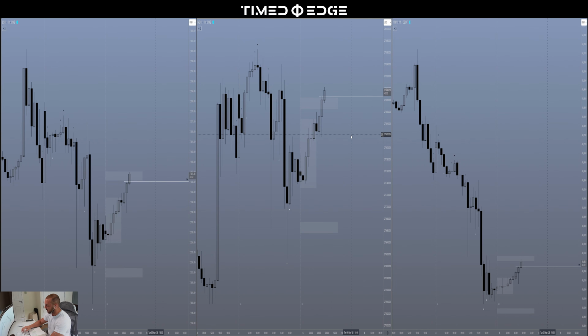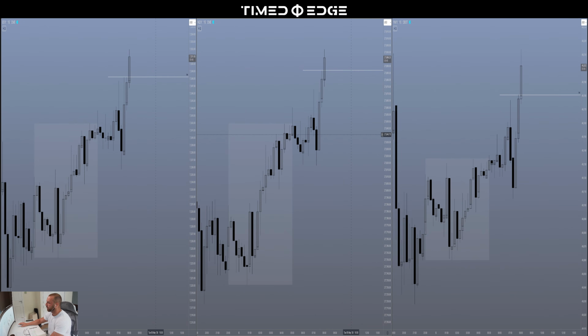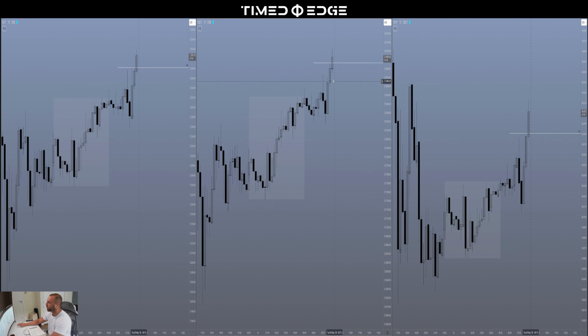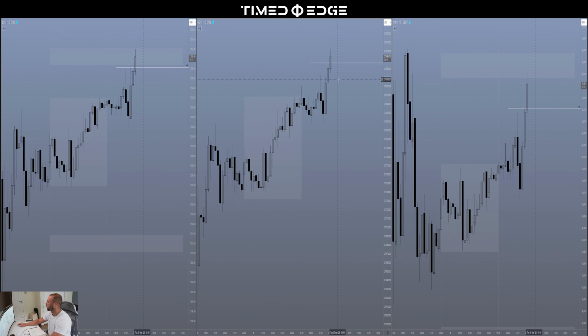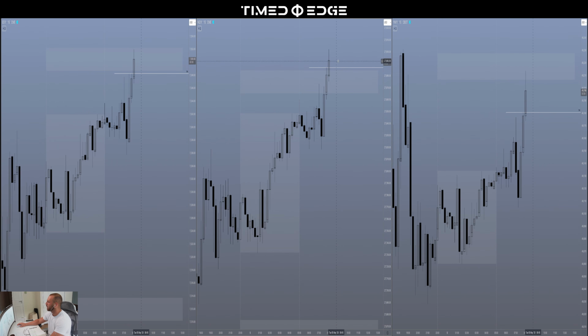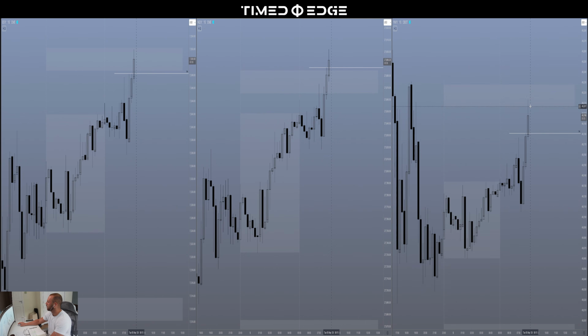So what's happening here? That's the first 15-minute bar closed. Okay, so I'd say we've had an expansion on the 15-minute there. So we could expect accumulation, then a manipulation at 45. Oh wait, there, it's closing back down now.